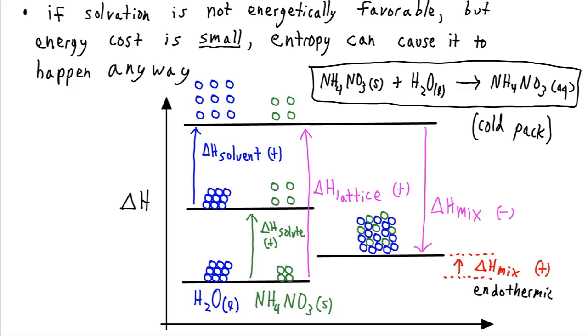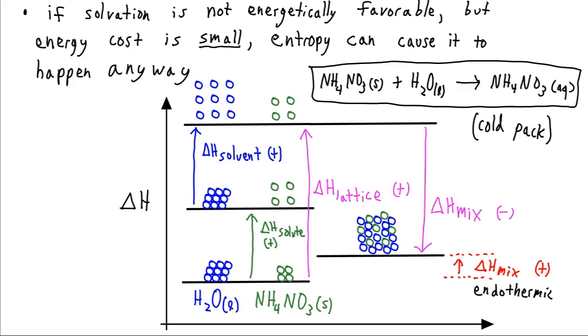Well, we actually are, because entropy would really like to have this mixed state instead of having these unmixed states. And entropy is a potent enough force that as long as this energy change is only small, entropy is going to go ahead and drive this forward even though it's not energetically favorable. So in this case, we're going to have an endothermic reaction.